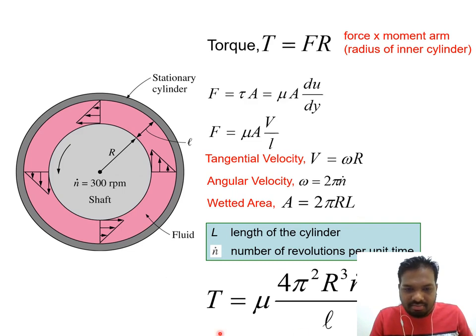Using all these formulas, you can calculate the torque. We don't have much calculation related to this, but along the way in chapter 3 and chapter 4 we will look at more practical calculations.